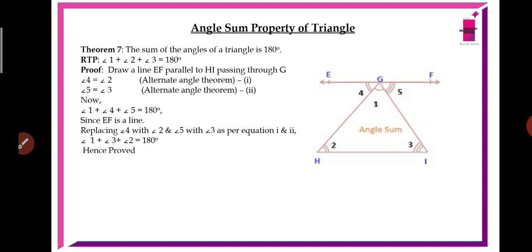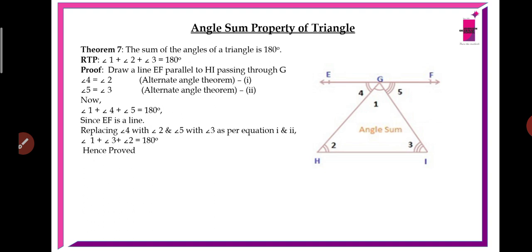So by the alternate angle theorem, we can say that angle 4 equals angle 2. Same way, EF is parallel to HI and GI is a transversal. You can check angle 5 equals angle 3, with the same theorem: alternate interior angles are equal for parallel lines.